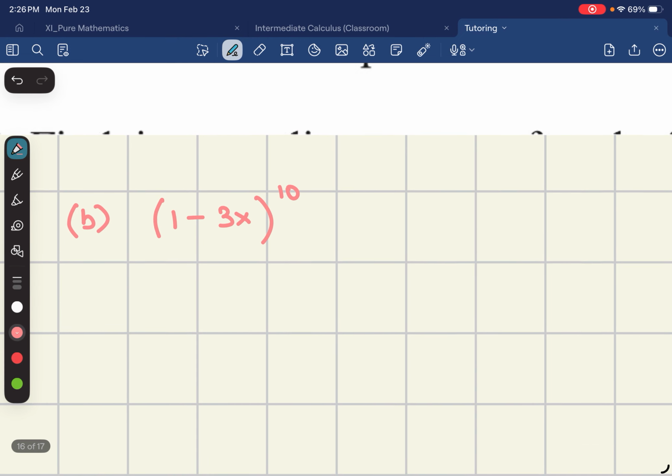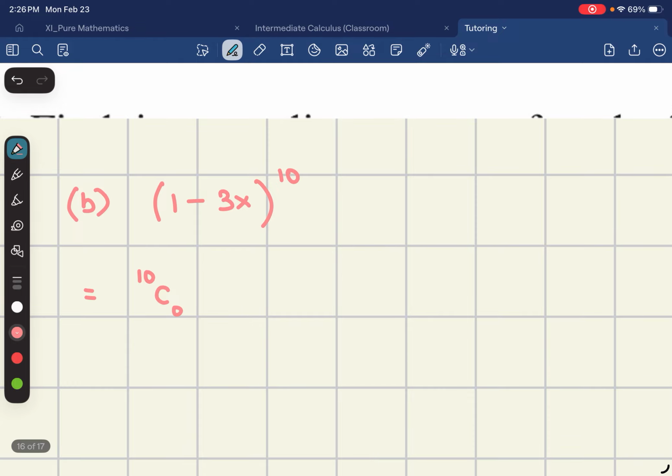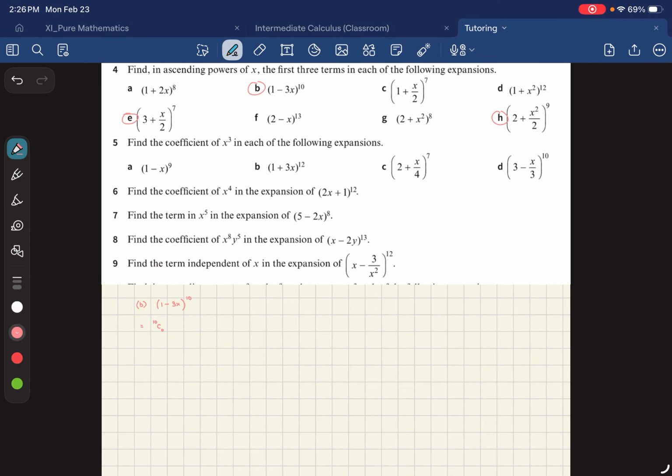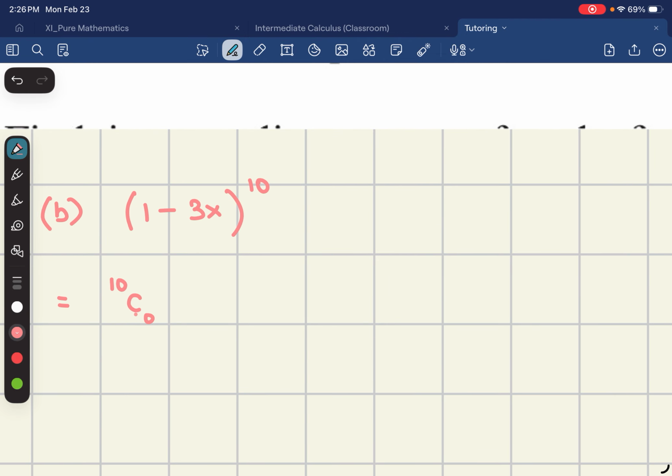And we want to use the binomial formula. So I start with 10C0, right? And remember, it says in ascending powers of x. So we're going to start with no power of x, and then we're going to increase our x power. So this is the correct way to go. 10C0, I'm going to have 1 to the power 10 minus 0, which is just 10.